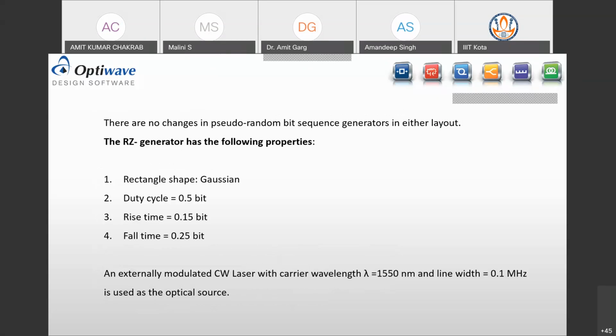First of all, for the RZ generator that I have shown you here, we have used a rectangular shape, that is Gaussian. Duty cycle is 0.5 bit, rise time 0.15, fall time 0.25. Let me clarify, all these parameters are taken from the reference papers of IEEE Photonics.